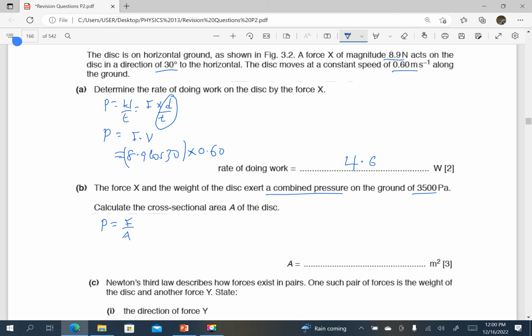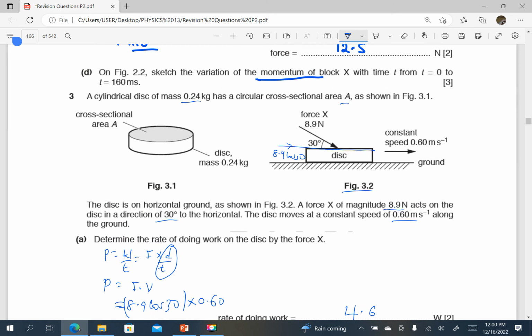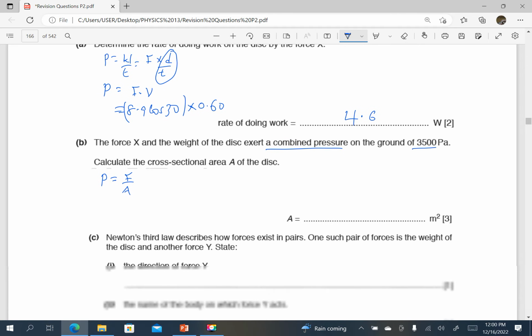Pressure is the force acting normally per unit area. So we need the force. Of course, we need the force acting normally. It means we have to resolve X vertically, and X resolved vertically is 8.9 sine of 30 plus the weight. That is the force causing the pressure.